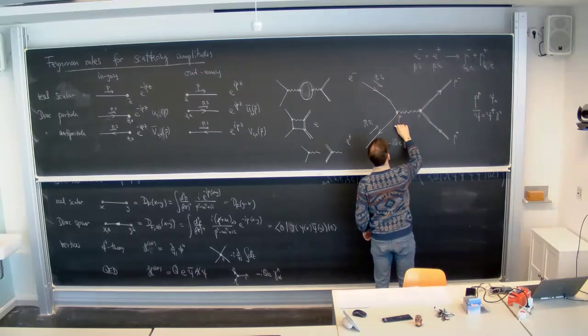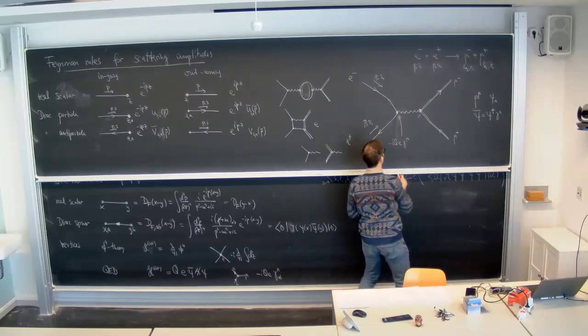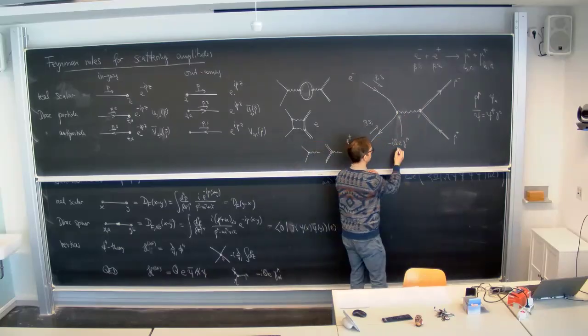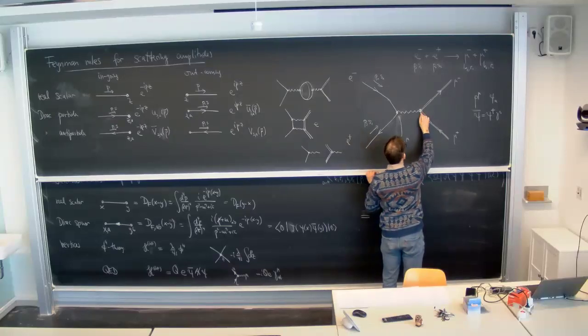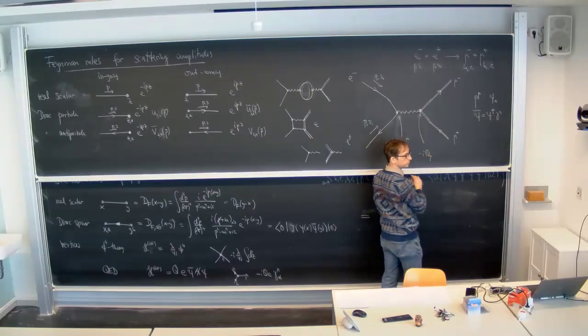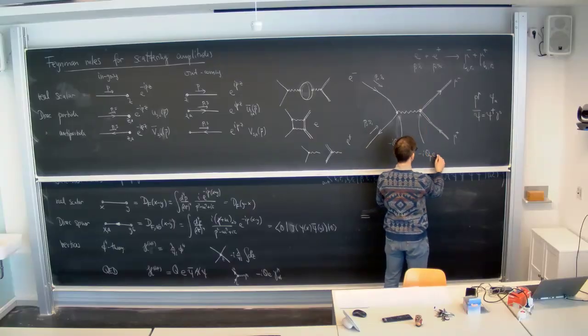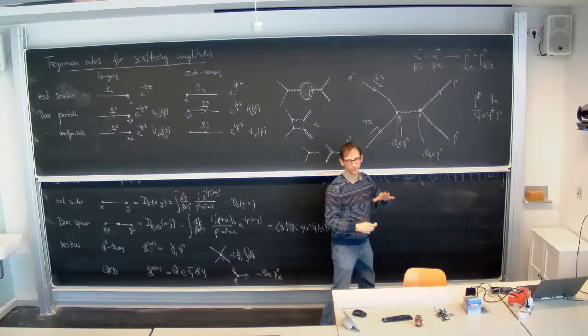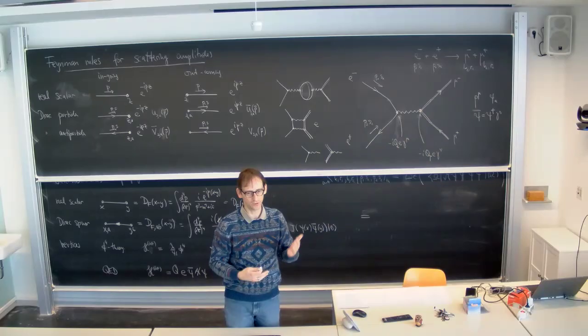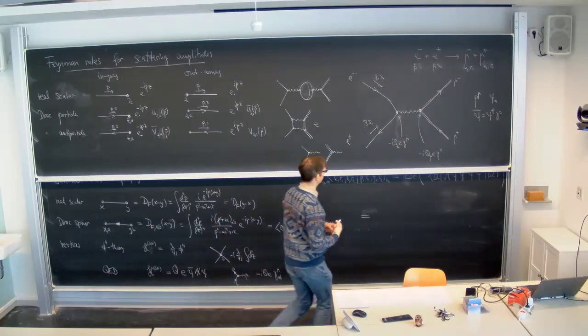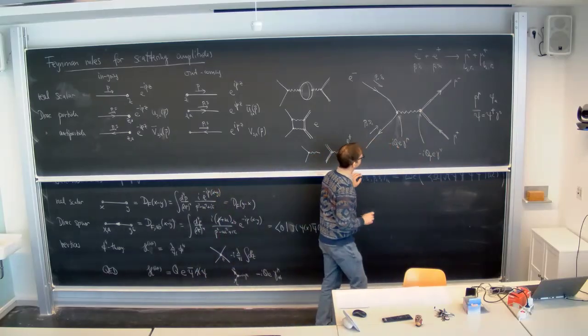This is just a label. This is what goes here, and this is the charge of the electrons, so this is Q e, and here I will have minus i Q, the charge of the muon, times the elementary charge times gamma nu. This is overkill because the Q is just 1 or minus 1, depending on what your sign of the elementary charge is, but you know.